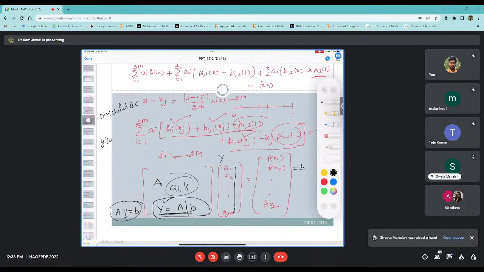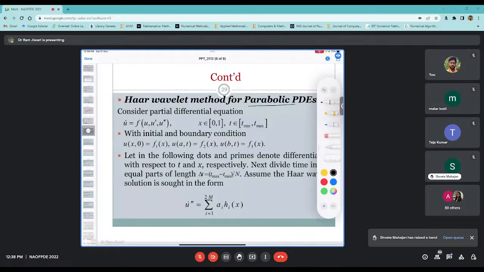If suppose our conditions are of mixed type, y dash of 0, suppose 1, is equal to beta, so this is a mixed type. Yeah, Robin's, because this was just a way to show how to use wavelets. So this is the parabolic PDE. This is u dot; what does u dot mean? u dot is like this. You can say ut is equal to f of u dash and u double dash.